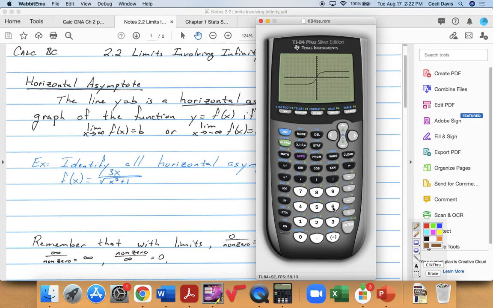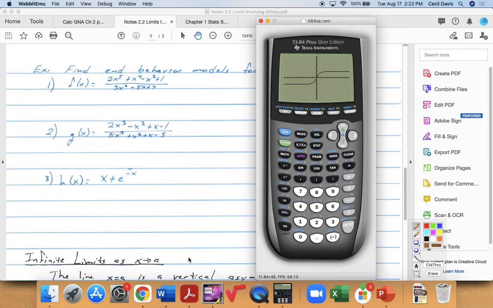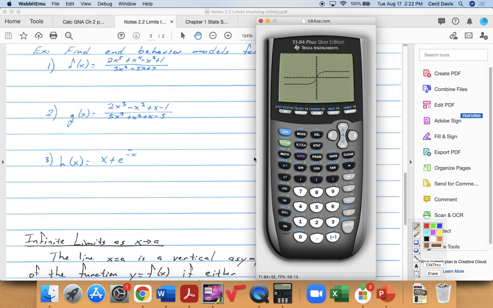And then the other one we were going to look at was x plus e to the -x.